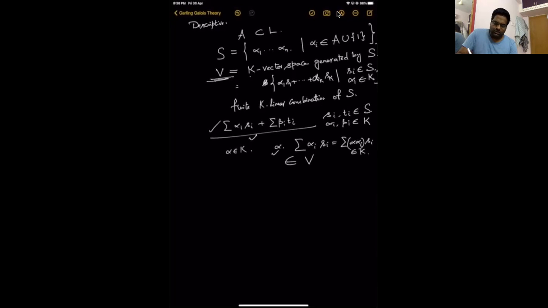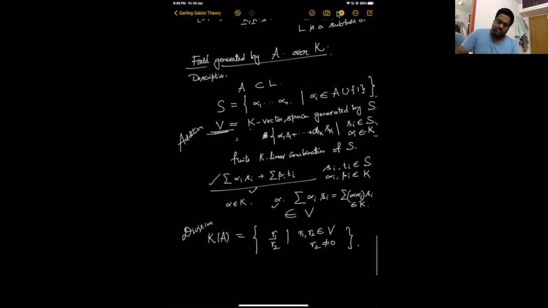All right. Now K(A) is the set of quotients r_1 over r_2, where r_1, r_2 belong to V and r_2 is nonzero. So this is the division process, this is the addition process, this is the multiplication process. All these are part of the definition of a field.